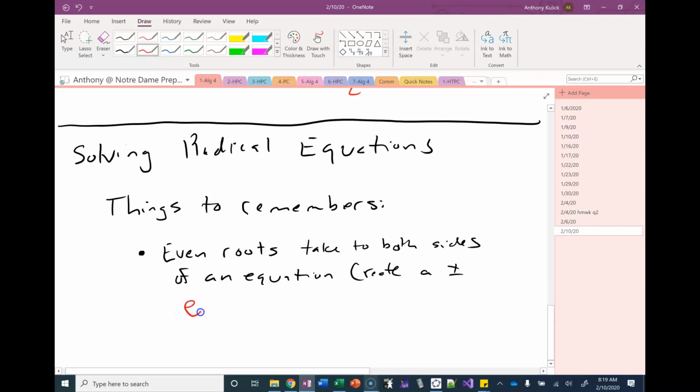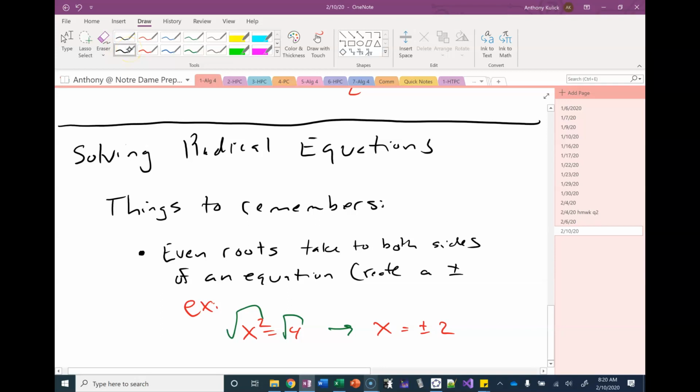This is not something new. So if I have x squared equals 4, and we take the square root of both sides, we get x equals plus or minus 2. Right?